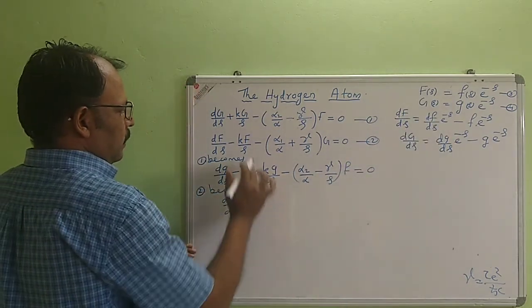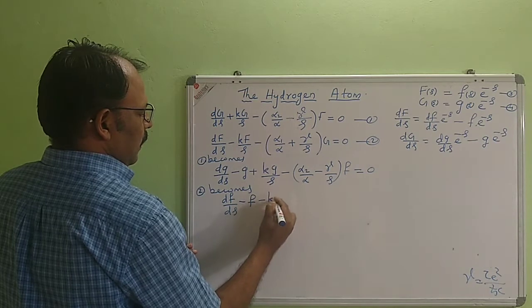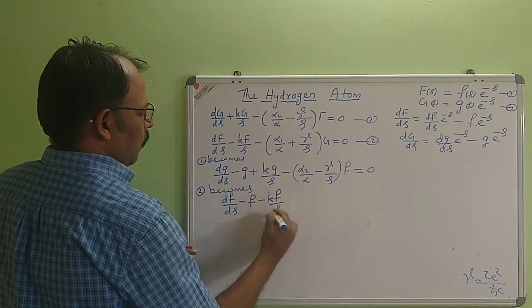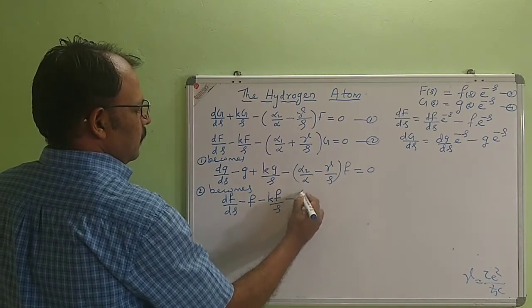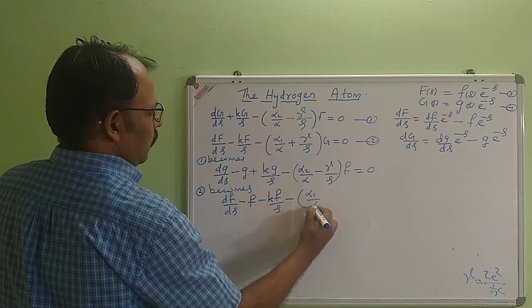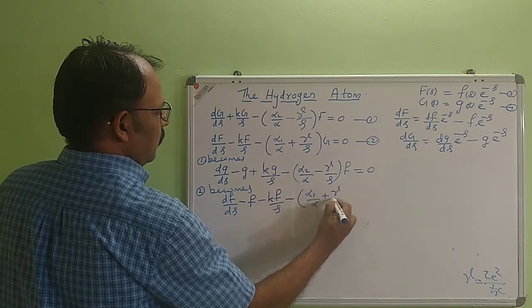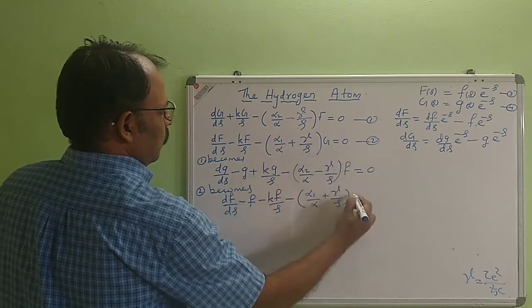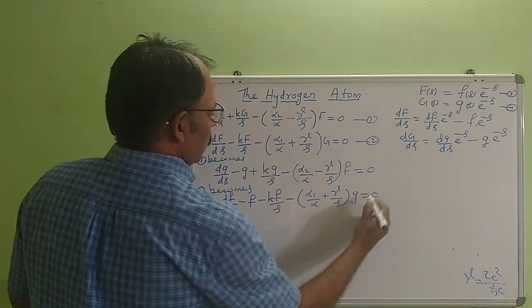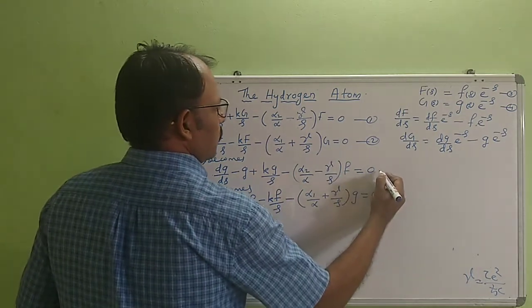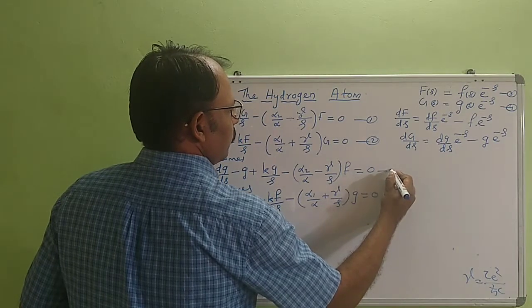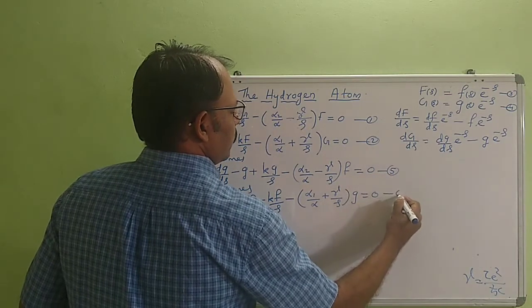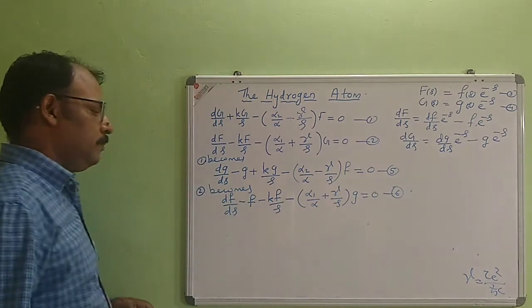So df by d rho minus f, then minus k f by rho minus alpha 1 by alpha plus gamma by rho g equal to 0. This equation I am writing as equation number 5, and this equation as equation number 6.